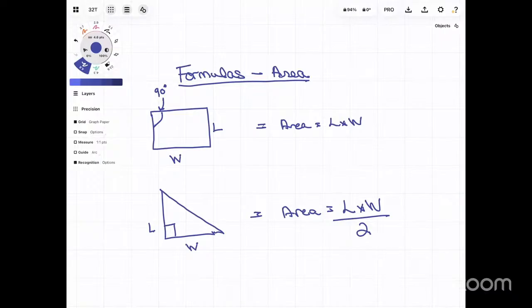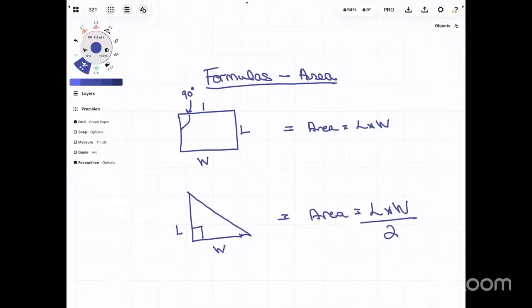No, so above the square, it says 100 like this. That's feet. So it's telling you this is 100 and this is 100, and that is telling you the measurement of that piece. Okay, that's what I was trying to figure out.